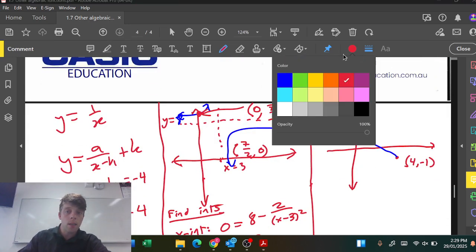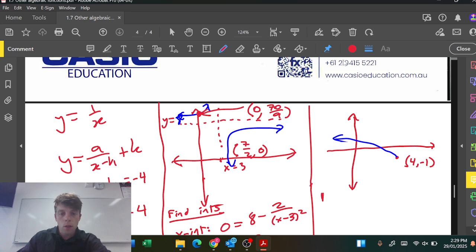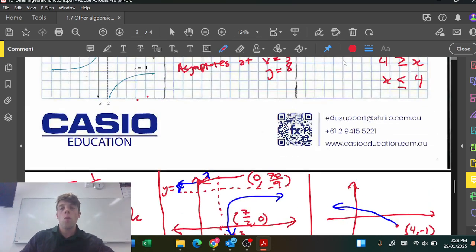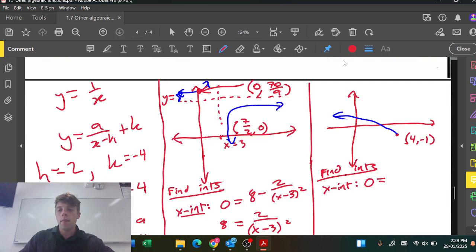So first up, let us find the intercepts. For the x-intercept, let y equal 0. So we have 0 equals the square root of 4 minus x, minus 1. Rearranging, we have 1 equals the square root of 4 minus x.